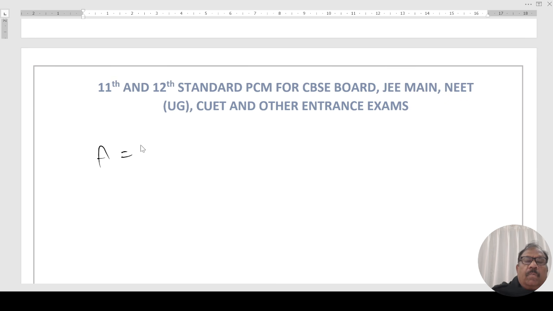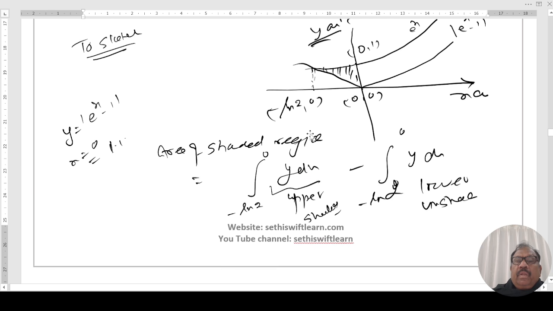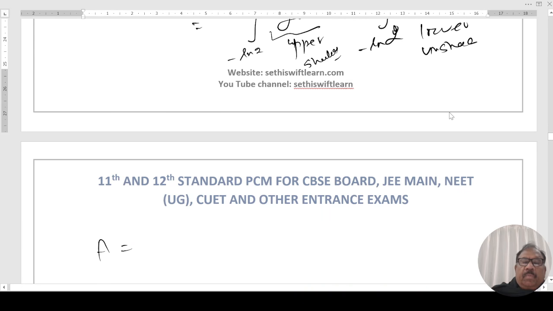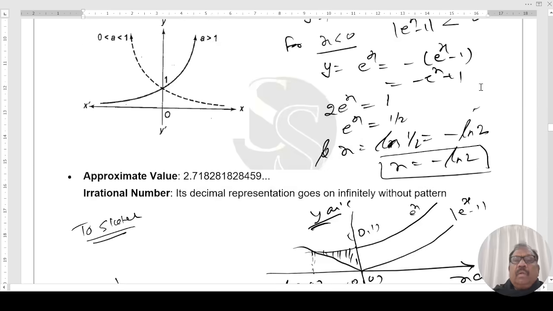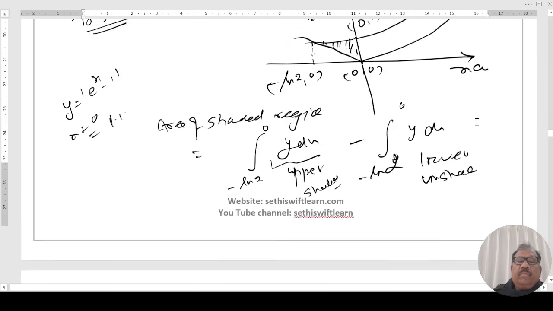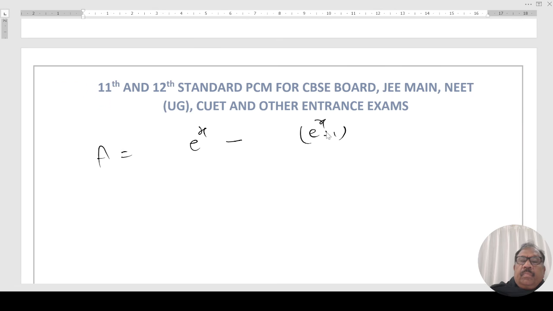Now area will be equal to the integral of y dx, where upper is this one, e to the power x, minus the lower e to the power x minus 1 with negative sign. What was that after solving? Minus e to the power x plus 1. So plus, minus e to the power x, integral from minus ln 2 to 0 dx.